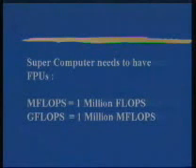In many computers, such as supercomputers, where you require number crunching kind of problems, the measure is megaflops, gigaflops, which is equivalent to 1 million flops and 1 billion flops respectively.